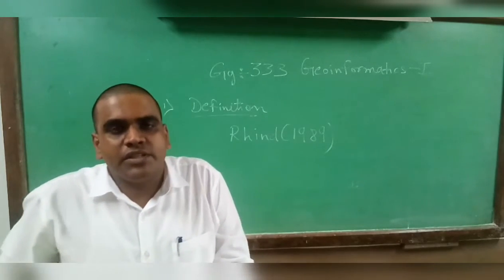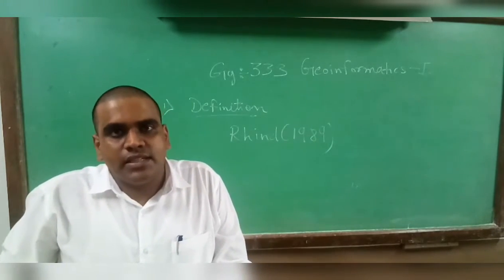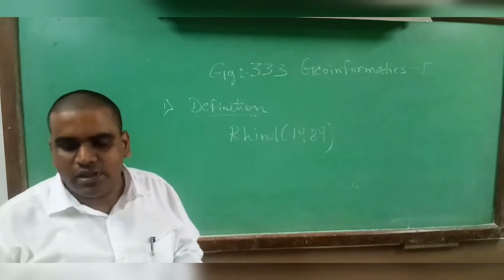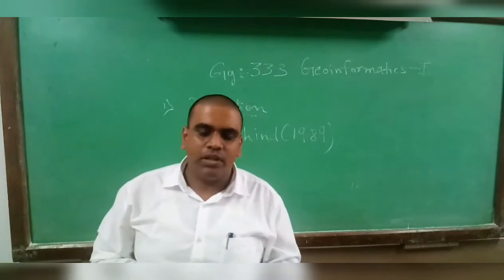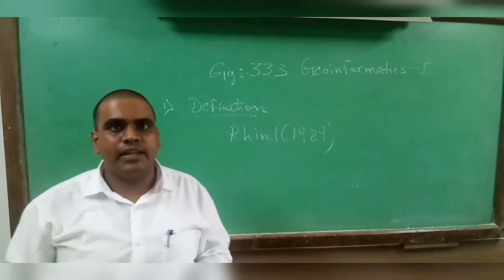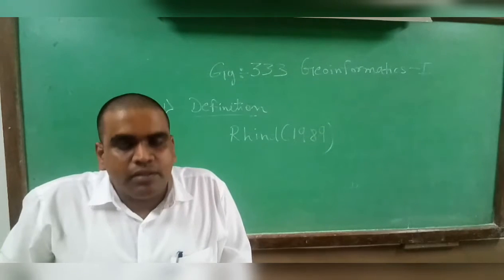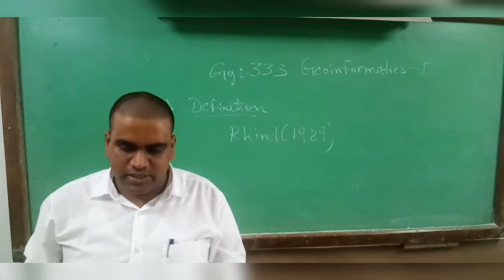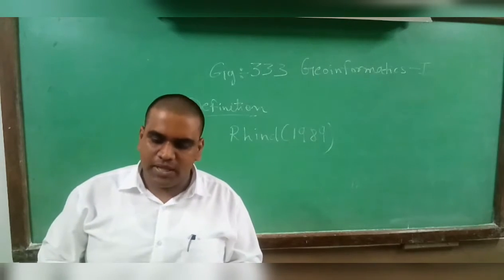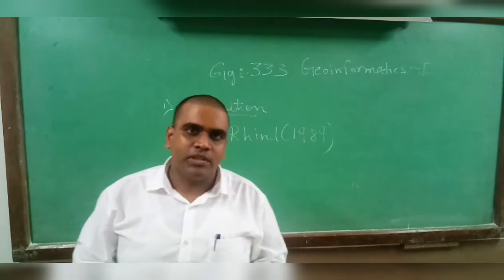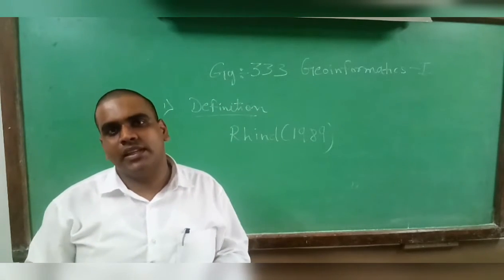As per the definition given by RIN, GIS is a system of hardware, software and procedures designed to support capture, manage, manipulate and analyze, create, model and display spatially referenced data for solving complex planning and management problems. So this was the definition put forth by RIN in 1989.